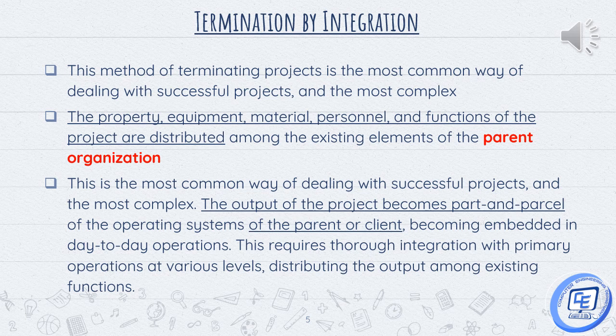Hence, it is said that the output of the project becomes part and parcel of the parent. It is seen as one single unit in itself. Hence, we call it termination by integration. Now let's move to the next and the last type.